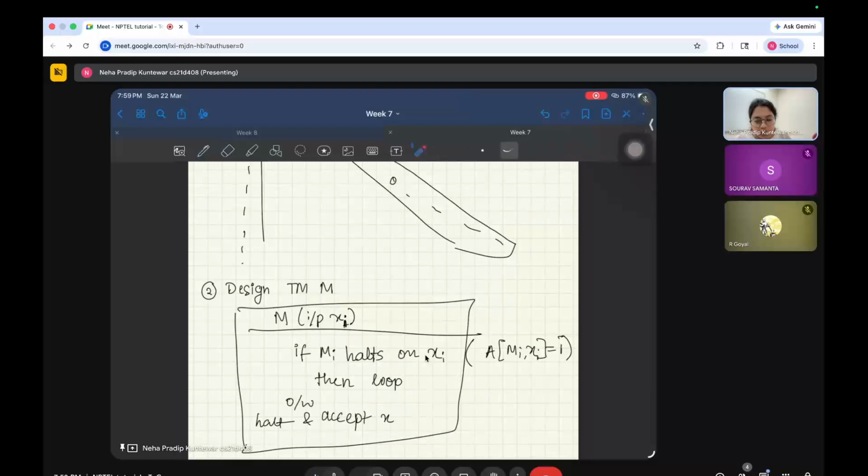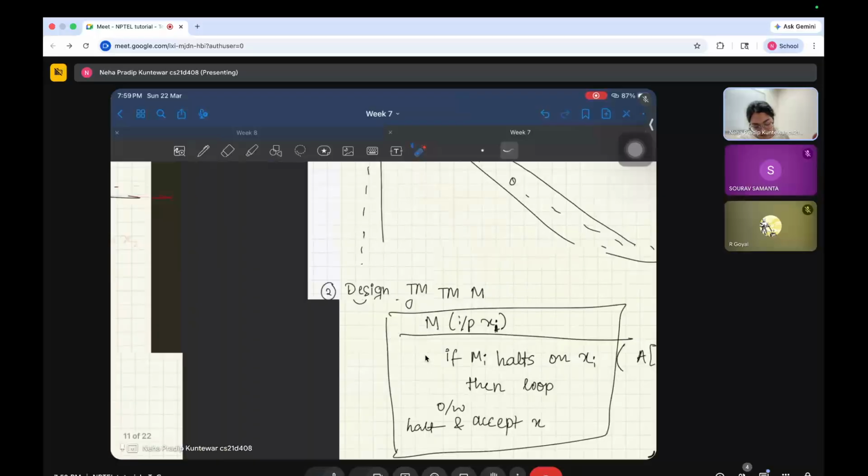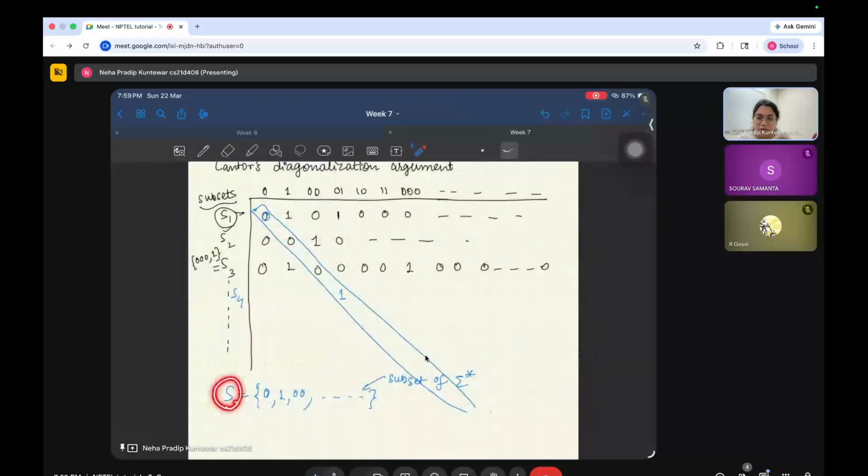Just to show the resemblance, what we did earlier was we came up with a new set S. How did we come up with it? We looked at this entry. This says that 0 is not in S1, so let me put it here. 1 is not in S2, so let me put it here, and so on.